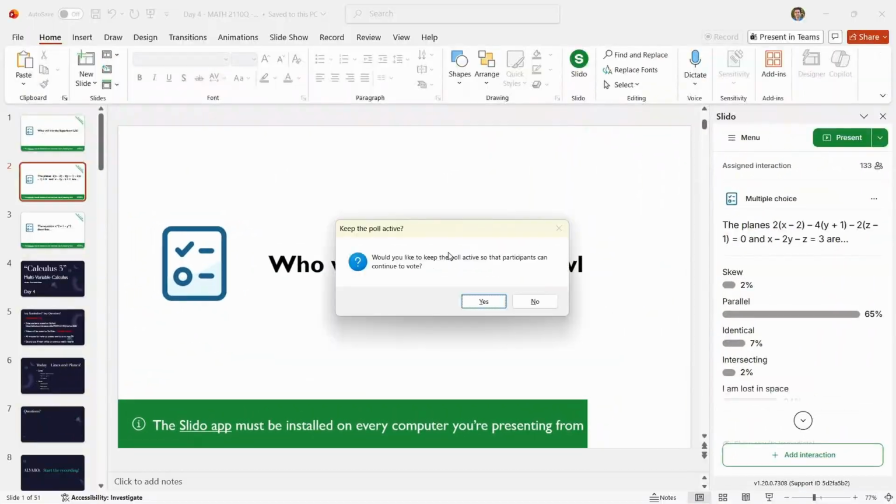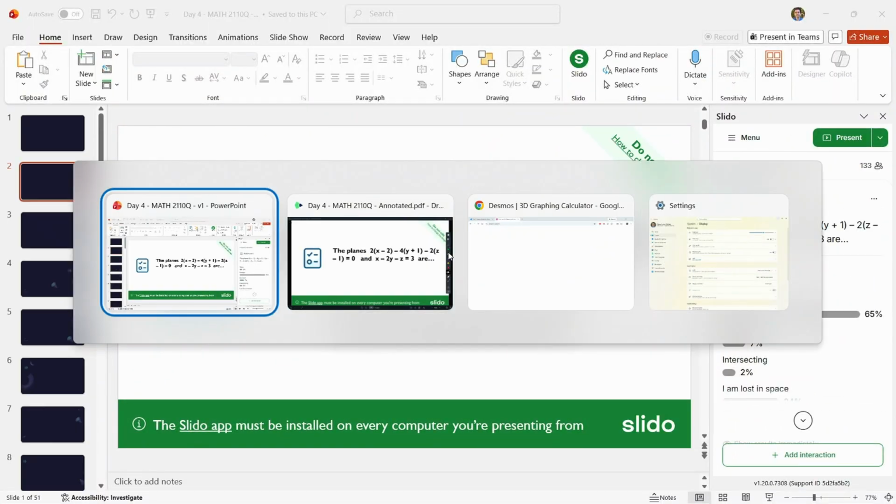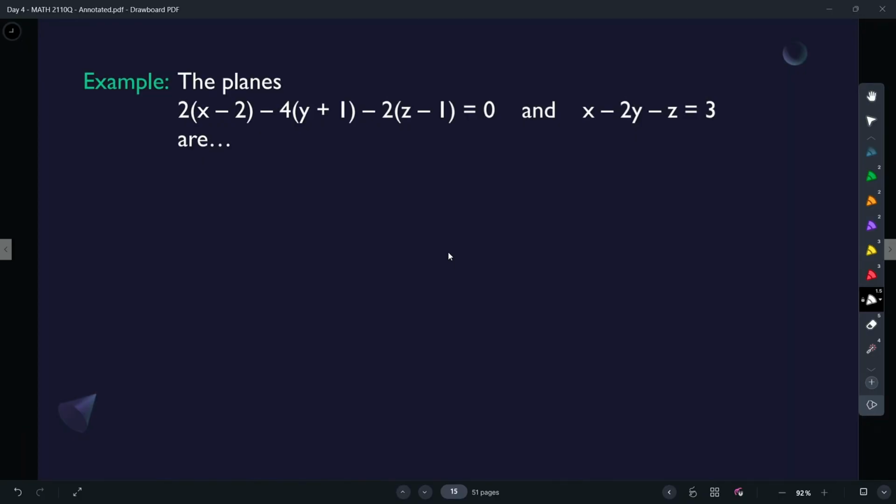I think I have to exit this and then go back to this. So I have to first look at this. One is in scalar form, one is in linear form. Do these two talk to each other? A little bit, because the coefficients in front of those quantities are the coefficients of my normal vector.